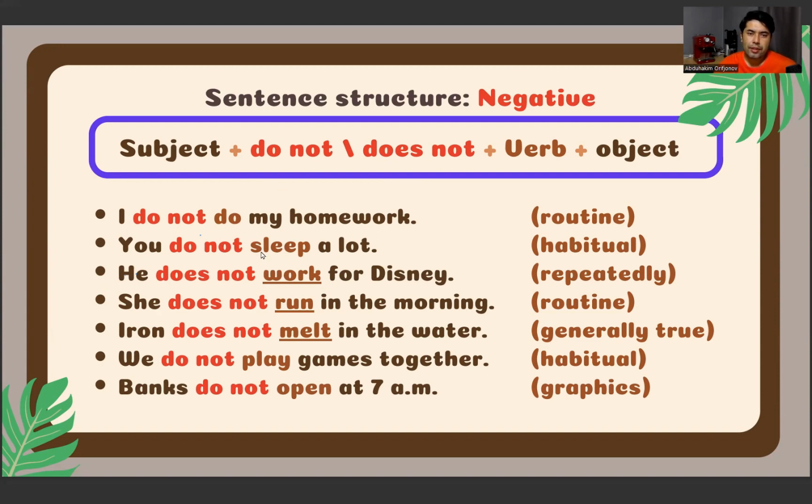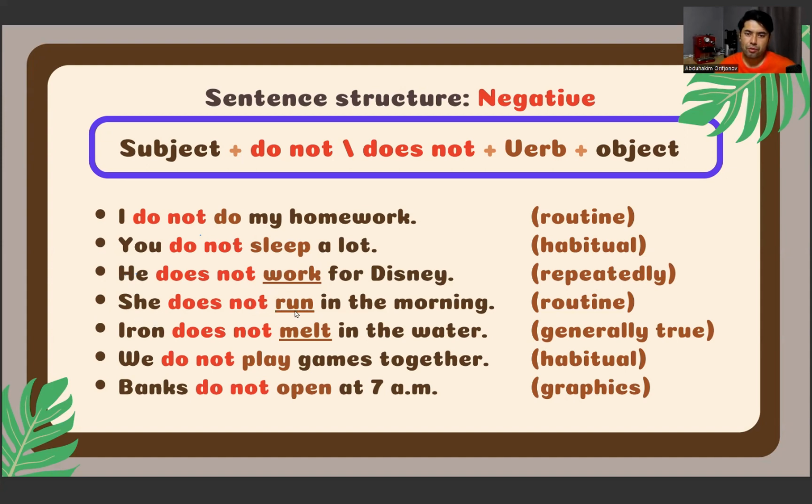Well, you do not sleep a lot. This is a habitual thing. He does not work for Disney. This is a repeated action. Give attention here. In the negative sentence, we use does not for he, she, it, and the verb comes without s or es.